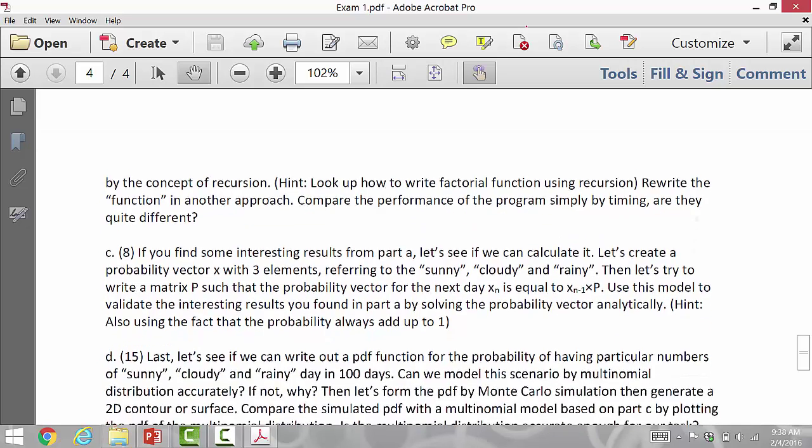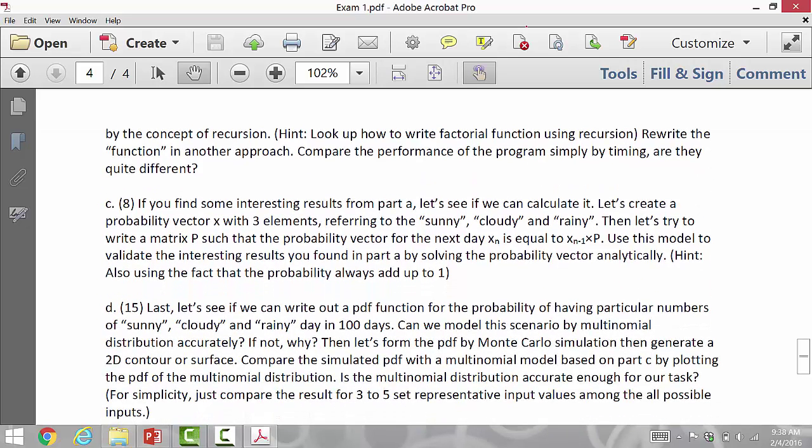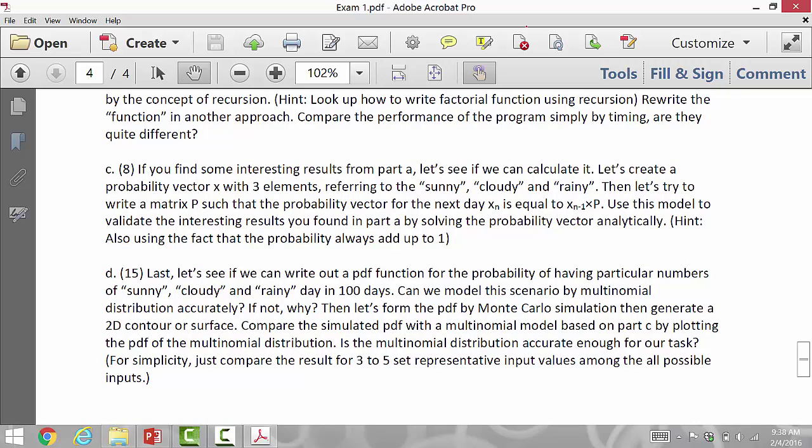And just for the last part, let's say what happens if we have an independent draw sample which follows a multinomial distribution, and compare the multinomial distribution with our simulation and see if there is really a big difference between the independently drawn sample and the sample drawn dependent on the previous samples.